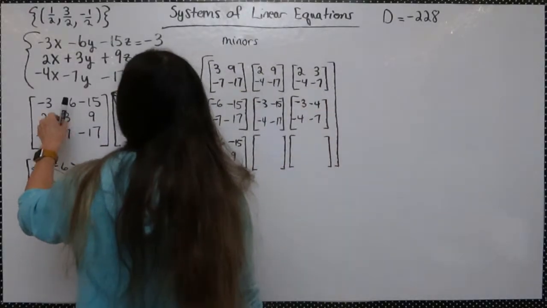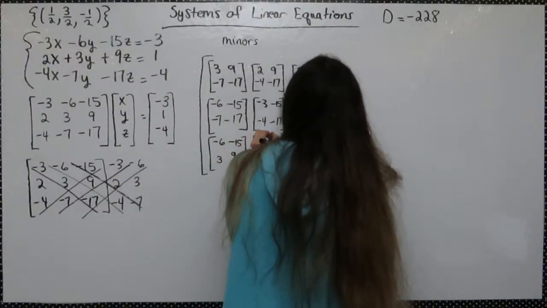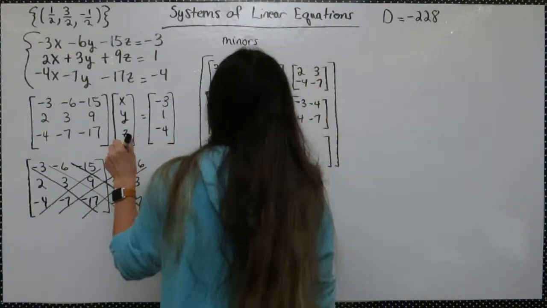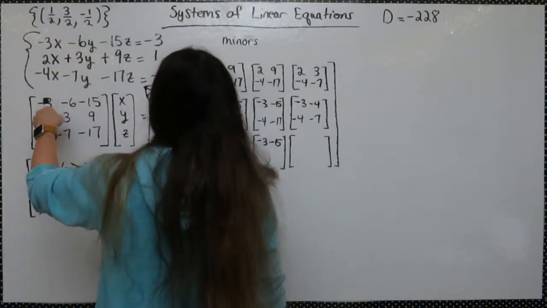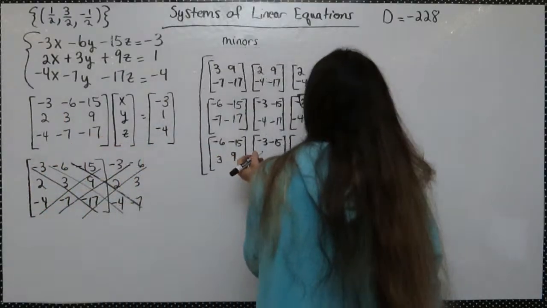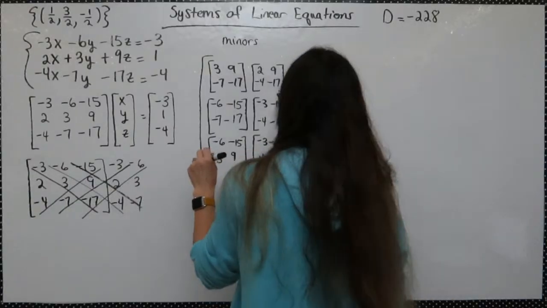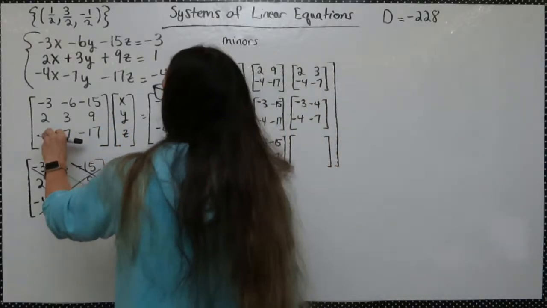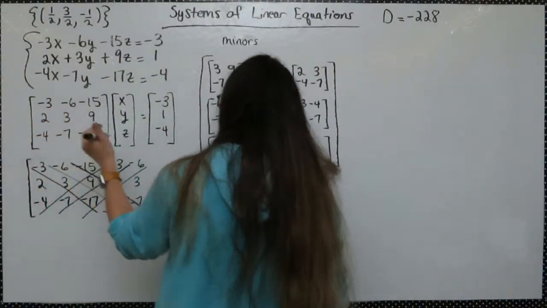We got -3, -15, 4, -4 and -17. And then one more to find. We have this one. It's -3, -6, 2, and 3.